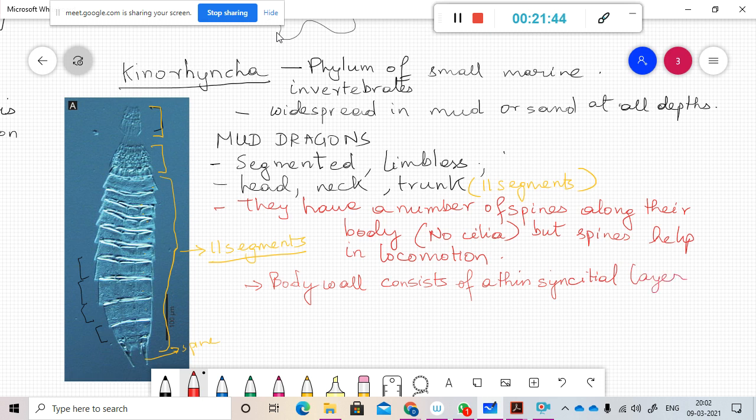What do you mean by syncytial? You have different nuclei, but the cytoplasm is not divided. So in one cytoplasm there are many nuclei. It's a thin syncytial layer which secretes the cuticle.